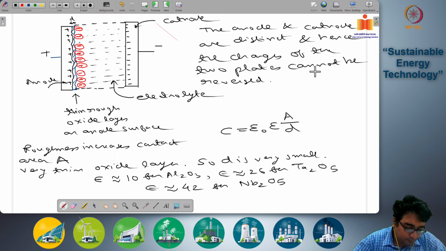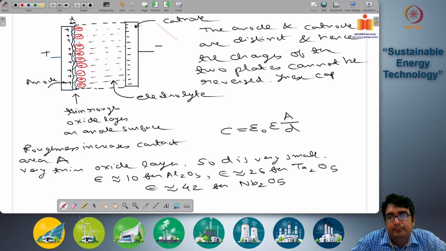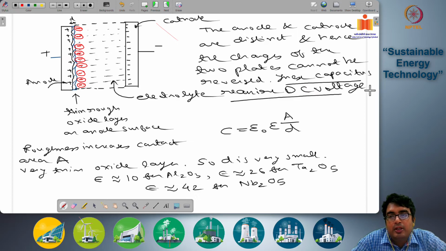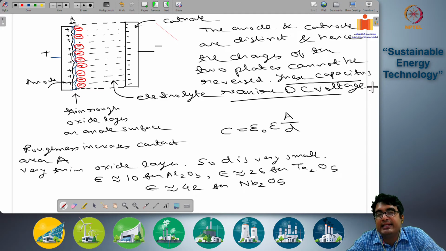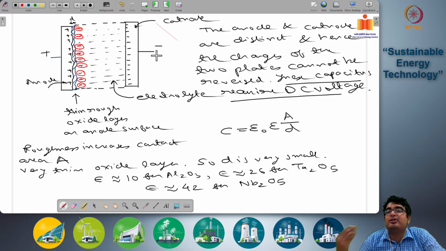So, these capacitors require DC voltage. Okay. So you need a small transformer to convert the usual AC current into a DC current and a DC voltage so that the polarity of the anode and the cathode is not reversed.